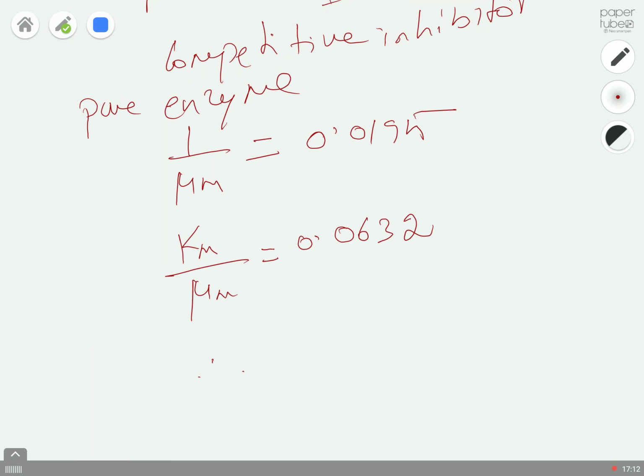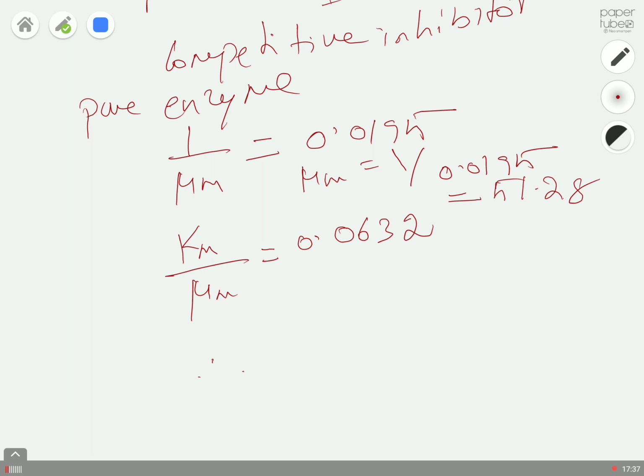Therefore mu m is equal to 1 by 0.0195, which is 51.28. Then what's the unit?